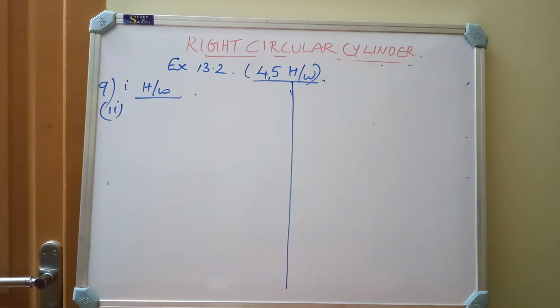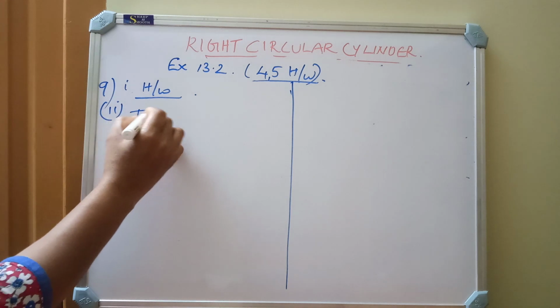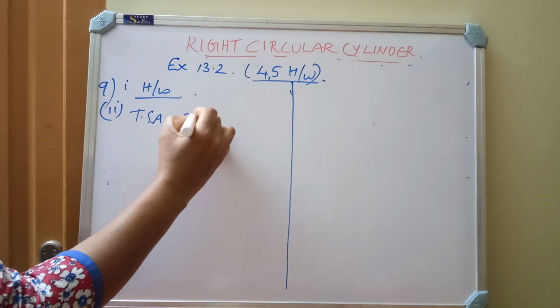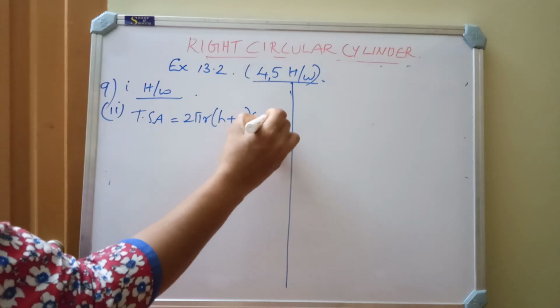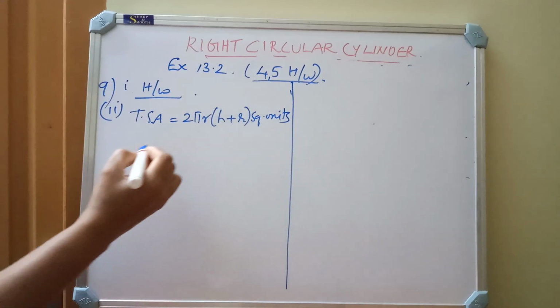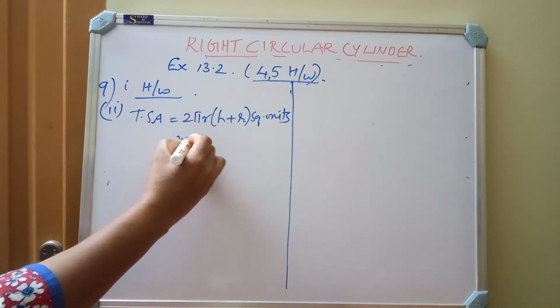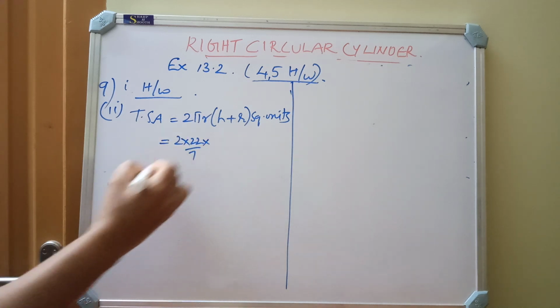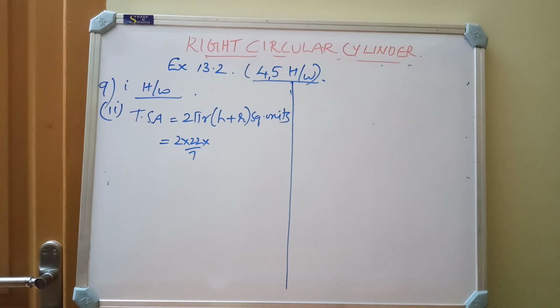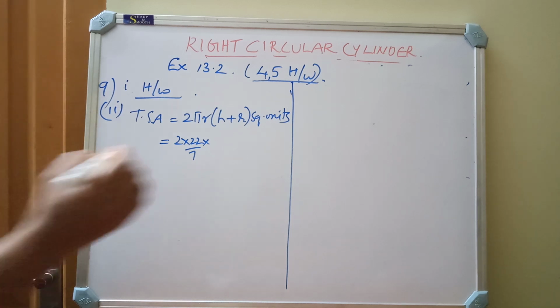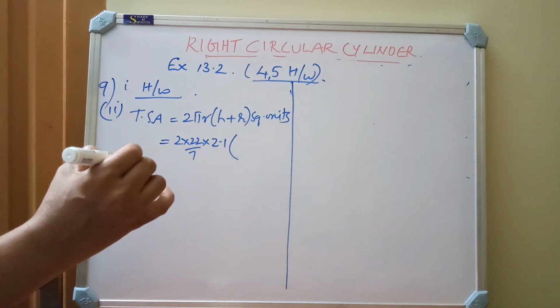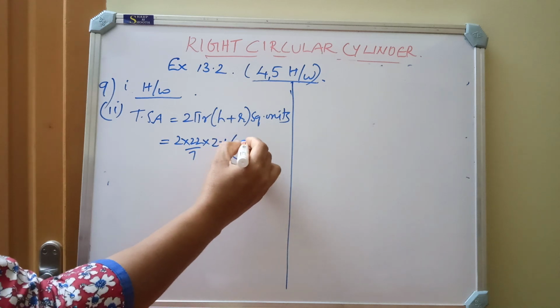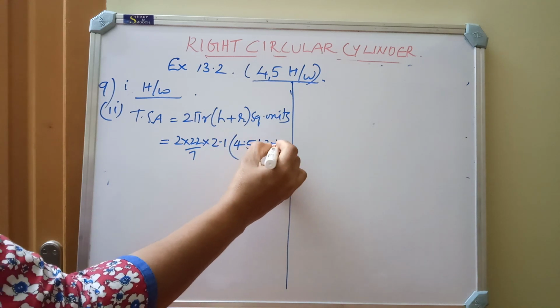So, write, children. Second one, TSA equal to 2 pi R into H plus R square unit. Substitute our R value and H value. 2 into 22 by 7 into, what is our R value here? R is 2.1 meter. H plus R, H is 4.5 plus 2.1.